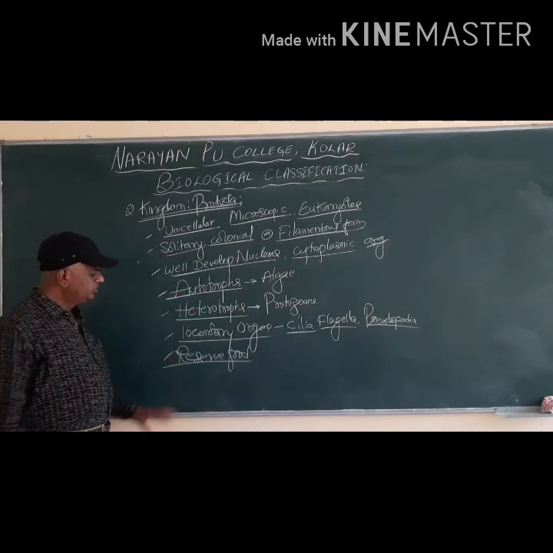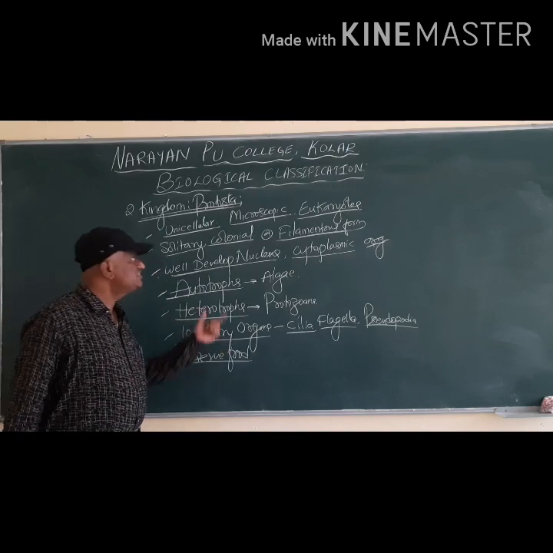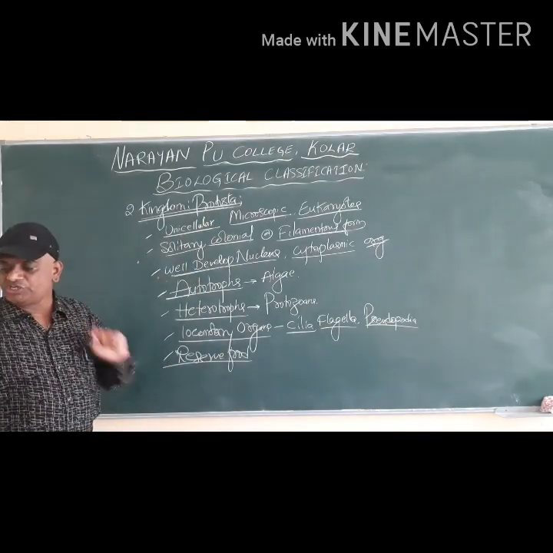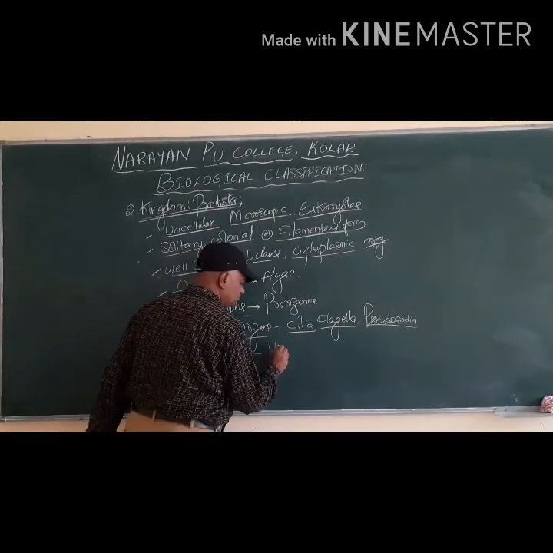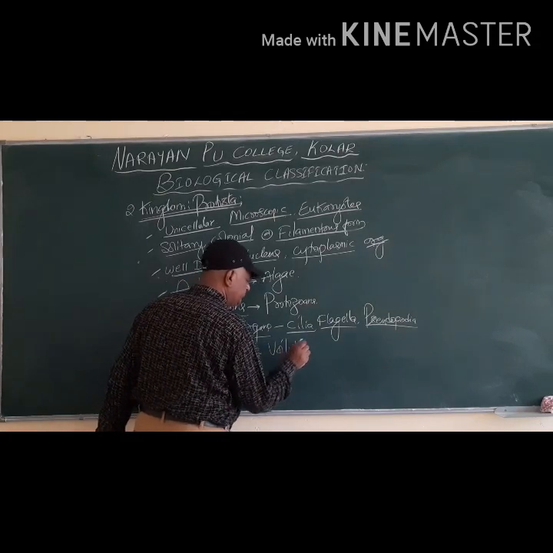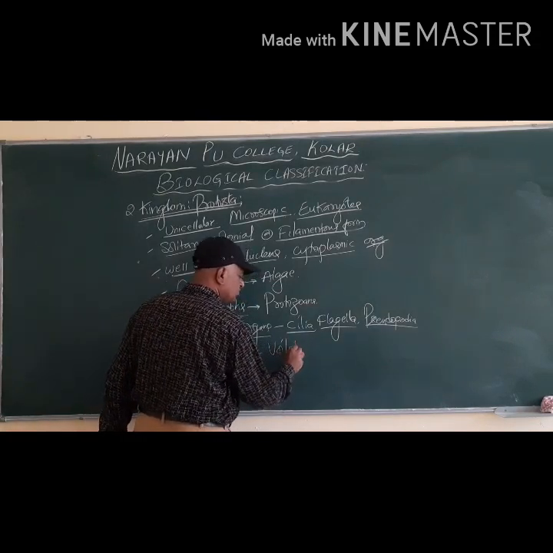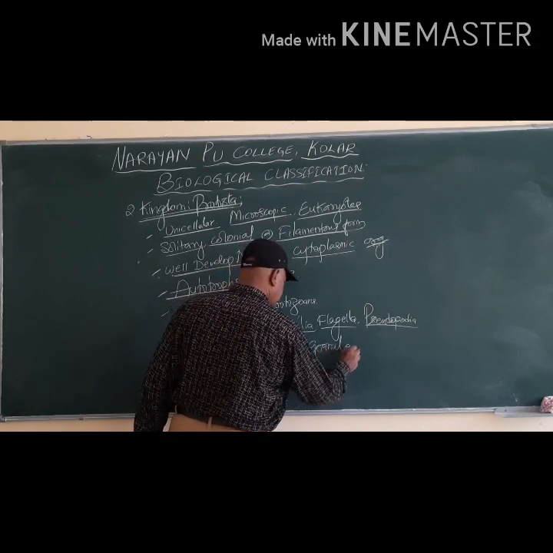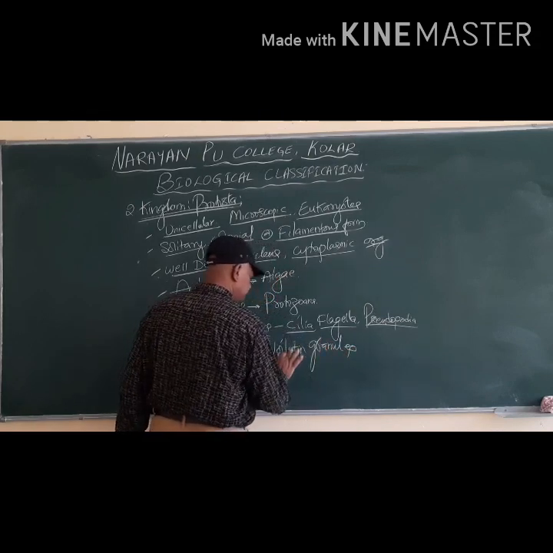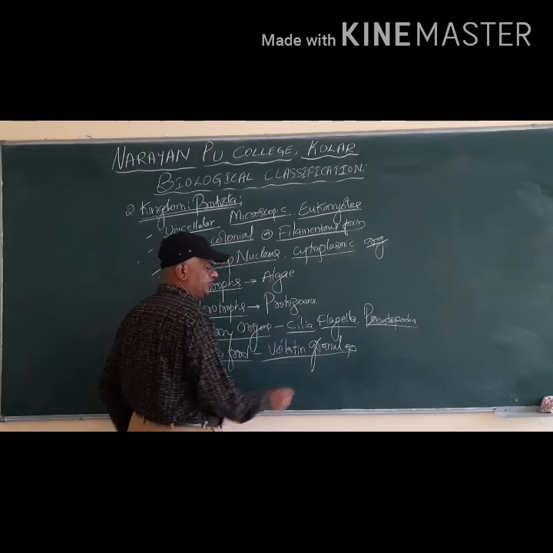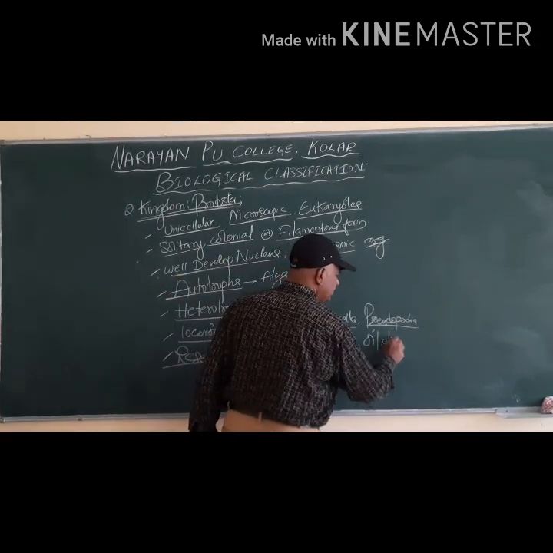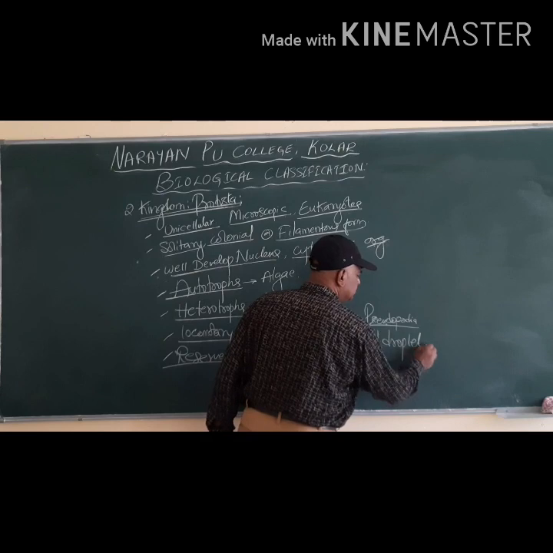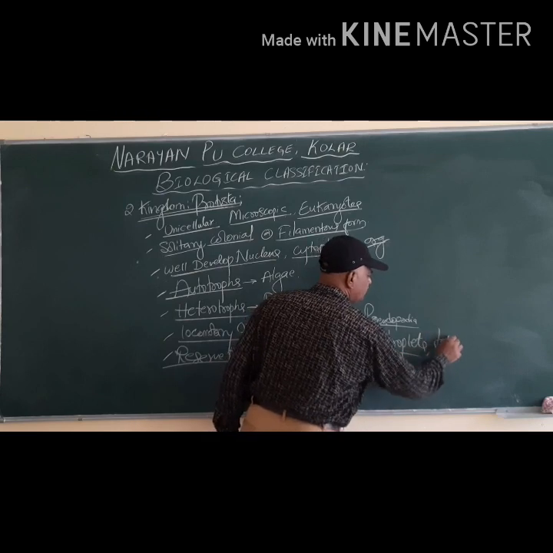The reserve food present in the organisms coming under kingdom Protista will be in the form of volatile granules, oil droplets and fats.